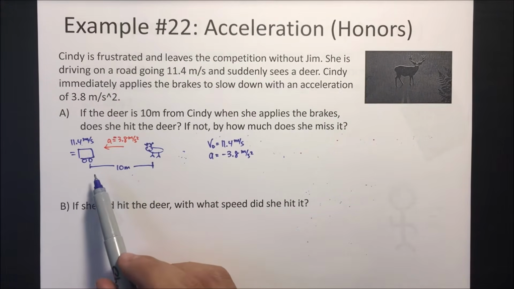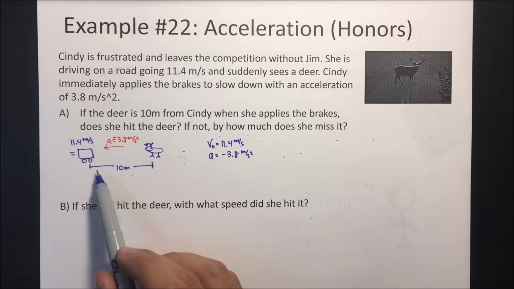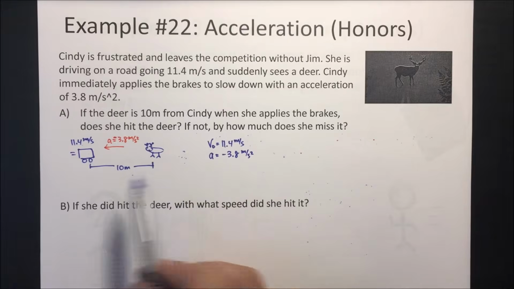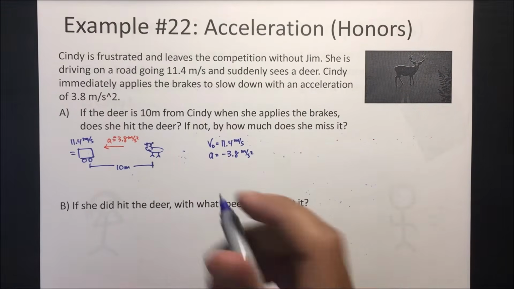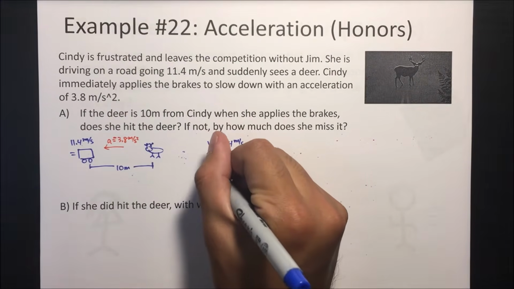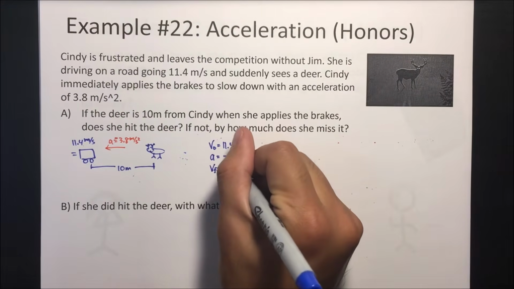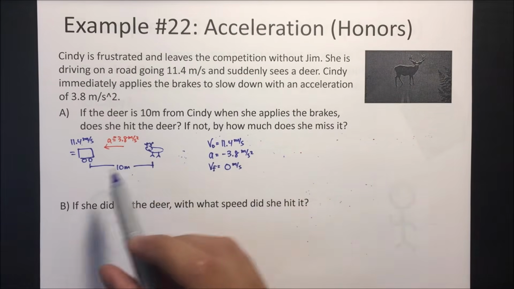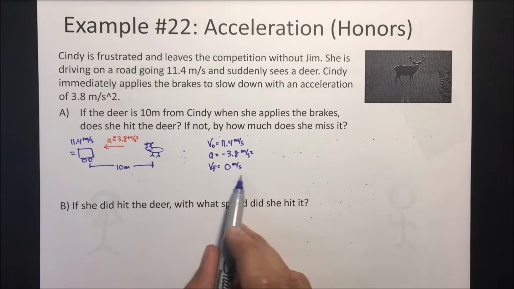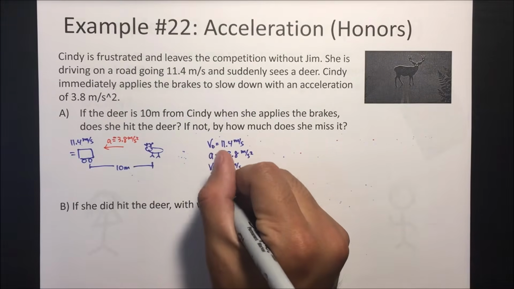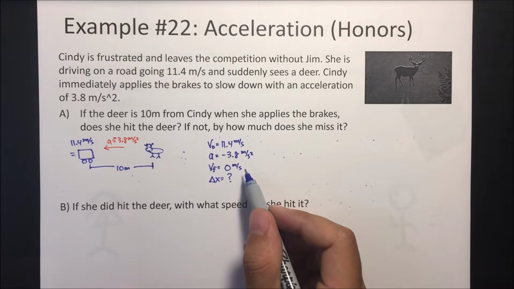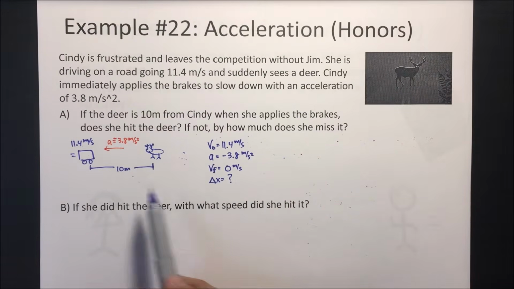What we want to know is when she comes to a stop, is it before 10 meters or after 10 meters? So we want to know, where does she come to a stop? When she comes to a stop, the velocity final is going to be 0 meters per second. That being said, we want to find out how far she is when the car has finally come to a stop. So we want to find what the displacement is when the car is going 0 meters per second. Hopefully it's before 10 meters so she doesn't hit the deer.